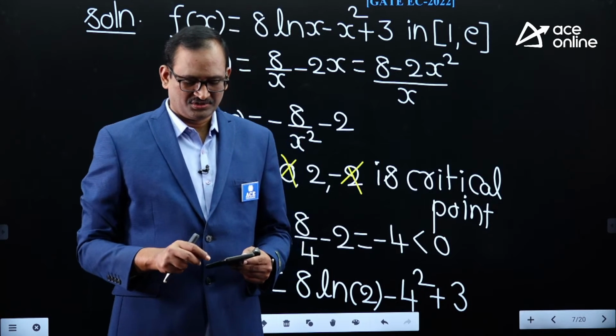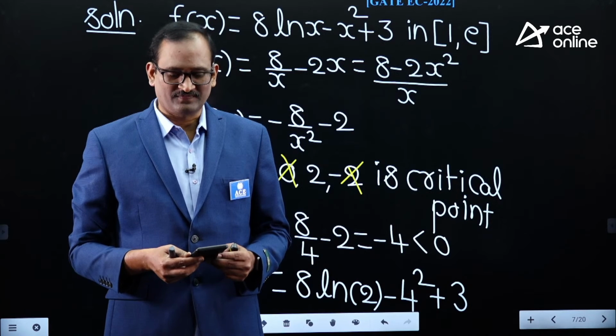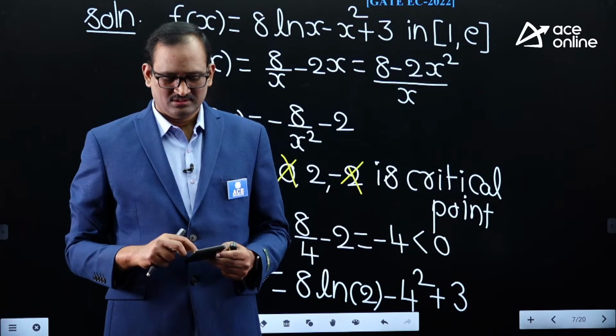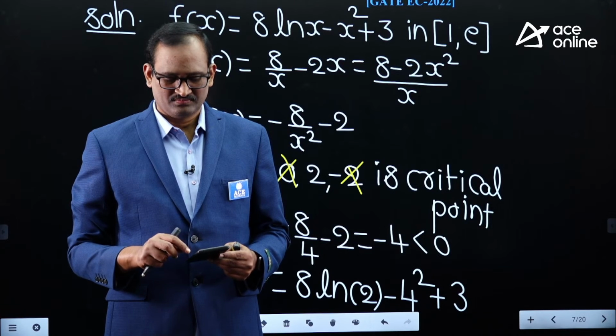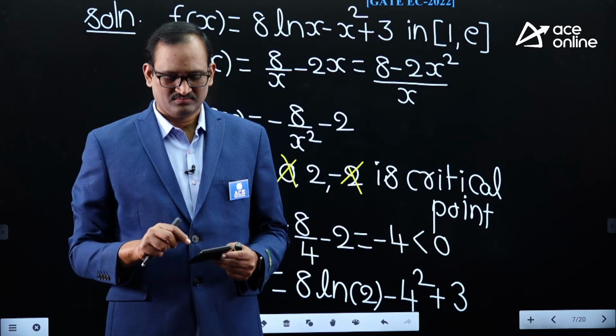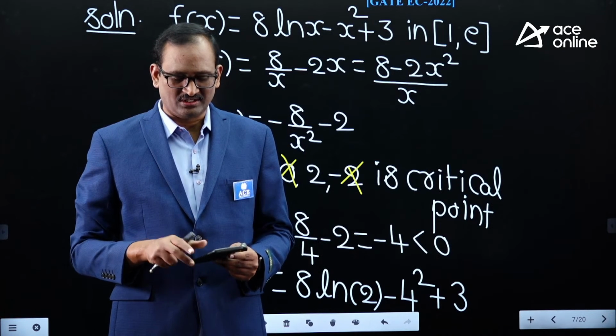Anyone? Can you please tell me what is its value? 8 ln 2. You can find it, otherwise I can find it directly from the calculator also. Okay, I am finding it myself directly from the calculator.